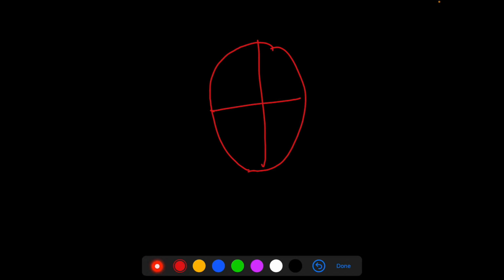In the VSD, as we said, this is the perimembranous defect area and this is the muscular defect area. There will be a moderator band in the right ventricle.